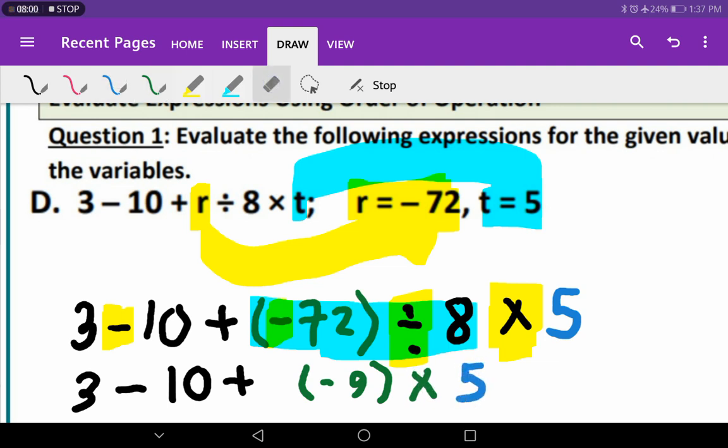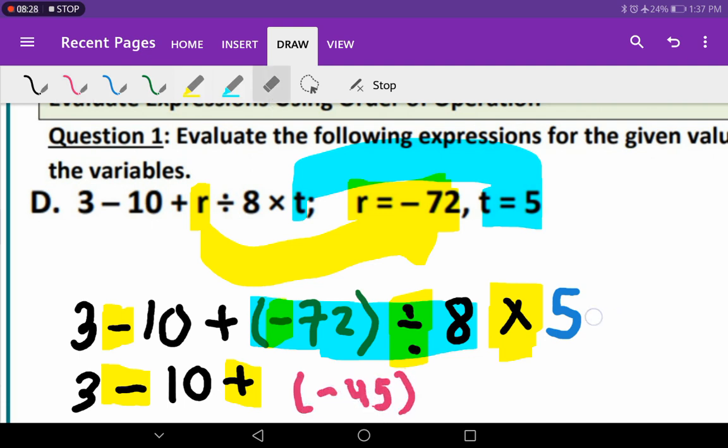Okay, my dear student, are you happy? Now I have negative, plus, negative and multiply. Yes, we have to do this multiply before. Negative 9 multiply by 5 is negative 45.